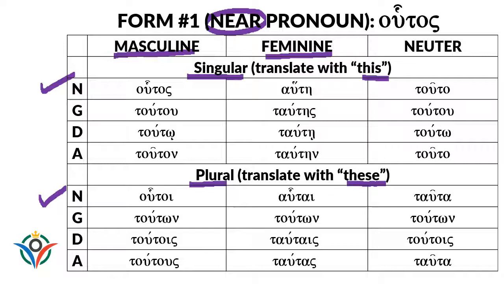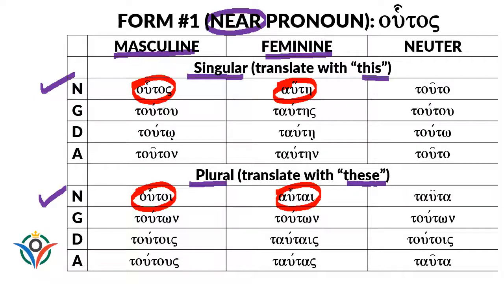The masculine nominative, we have houtos, and the plural houtoi, each with a rough breathing mark and no tau. And then the feminine gender, we have hautē, and the plural, hautai, also with a rough breathing mark and no tau. All the other forms of the other cases begin with a tau.